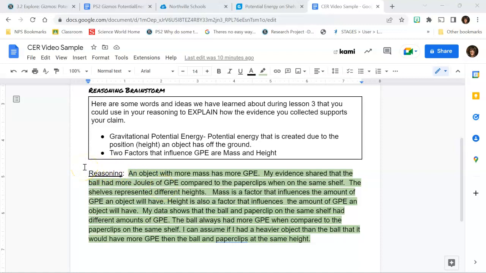I hope this has helped you when you think about how to write your CER for the scientific question you're investigating related to your catapults.